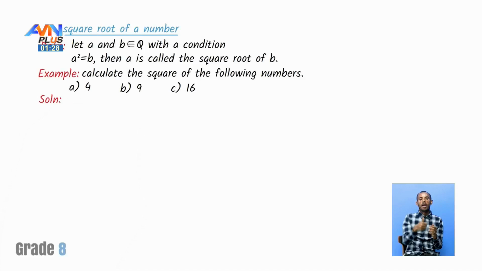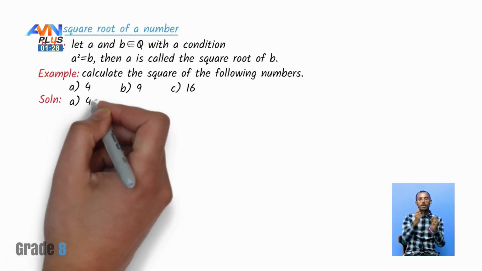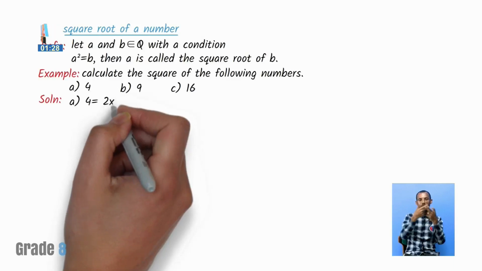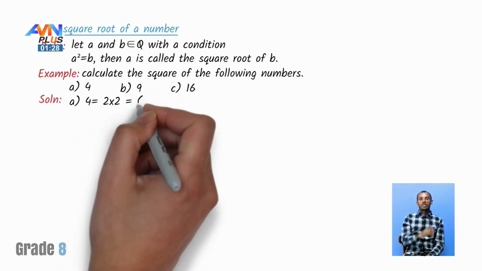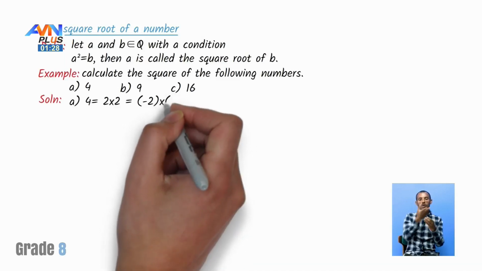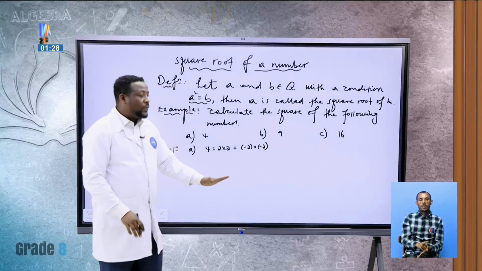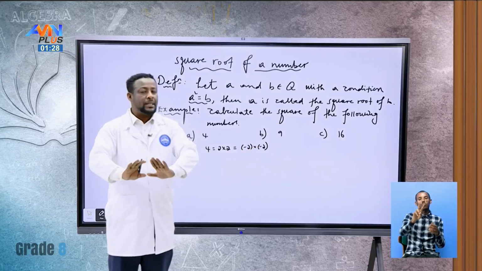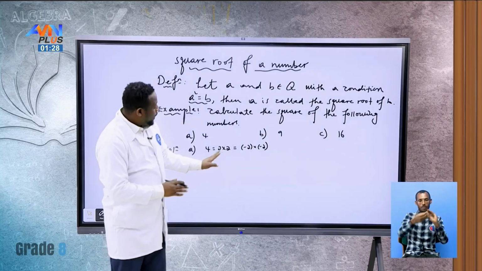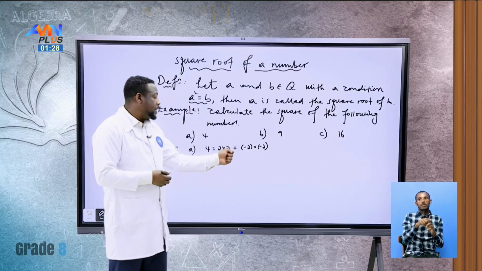In a we have 4. 4 can be written as 2 times 2. At the same time, 4 can also be written as minus 2 times minus 2. The product of any two negative numbers is positive, and the result is 4.